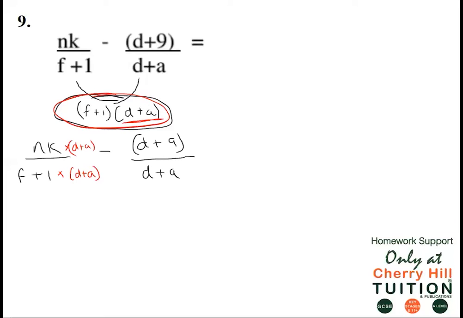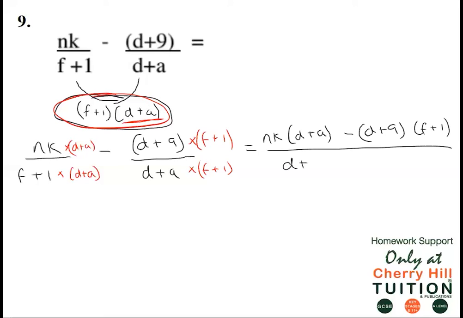And we need to multiply (d+a) by (f+1). And we do the same to the top. Okay, so this leaves us with nk multiplied by (d+a) minus (d+9) multiplied by (f+1) all over the same denominator, which is (d+a) multiplied by (f+1). Okay, so now the last step is to expand the numerator and reach a final answer.